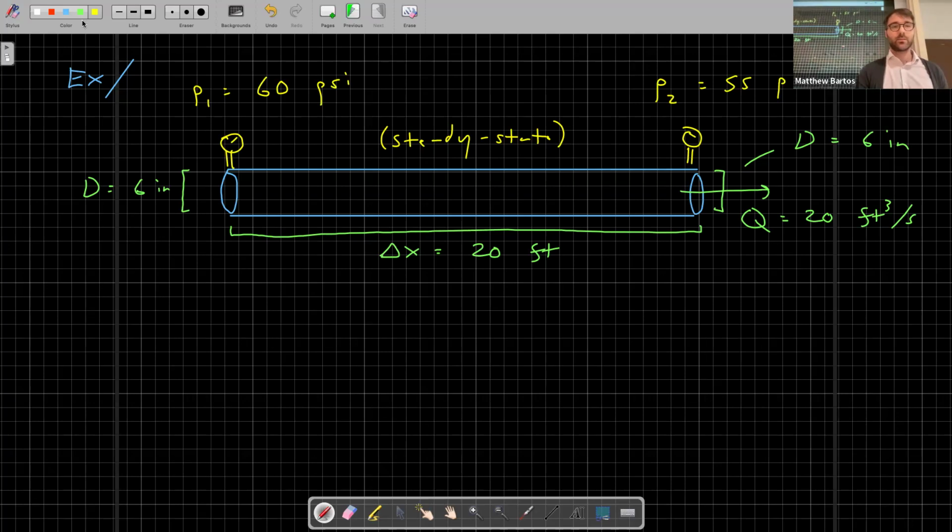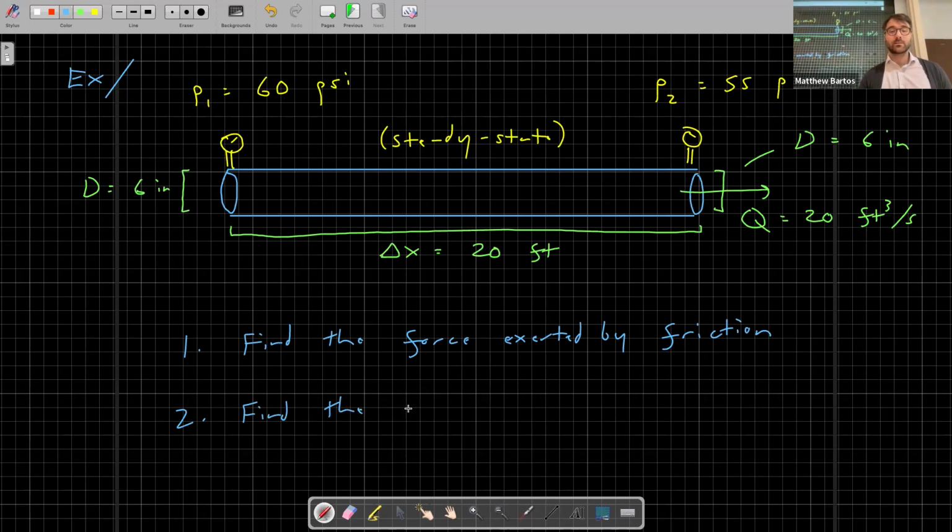I want to know 2 things. First, I want to find the force exerted by friction over the entire length of the pipe. And second, I want to find the energy loss due to friction.